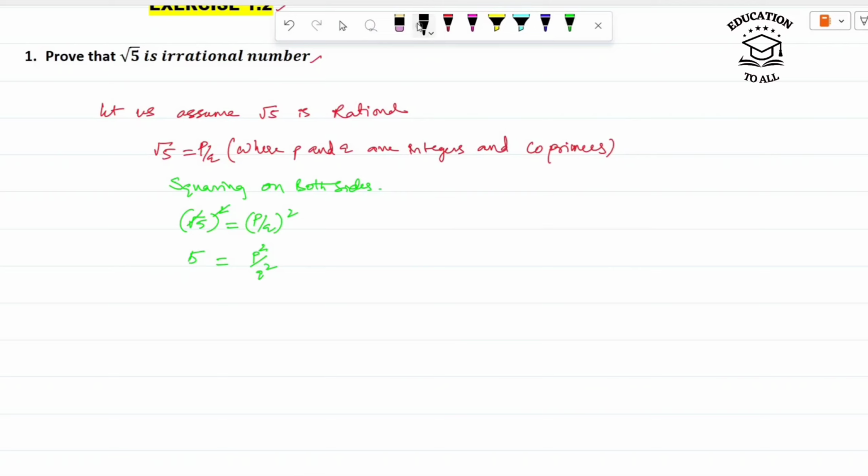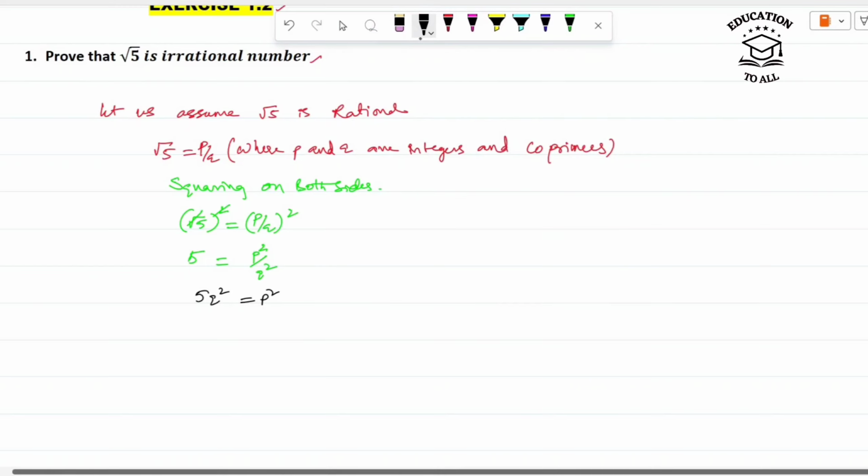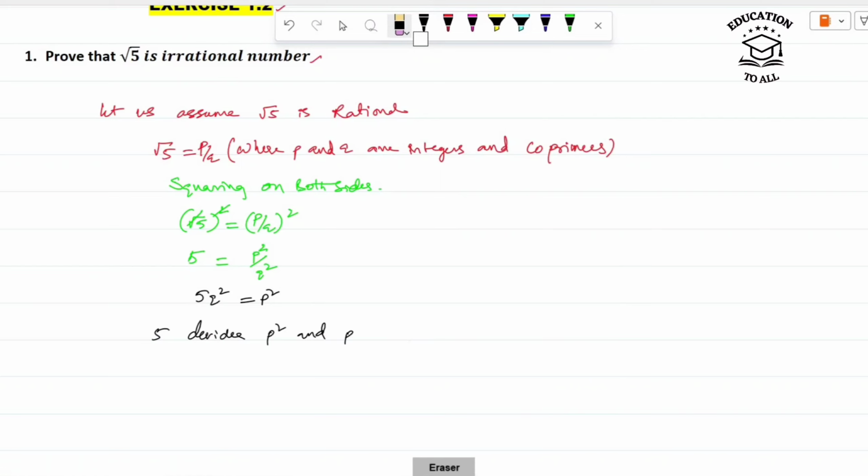Now cross multiply and we get 5q square is equal to p square. From this we can conclude that 5 divides p square as well as p. So write that 5 divides p square and p also.